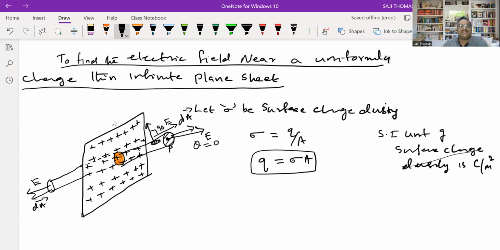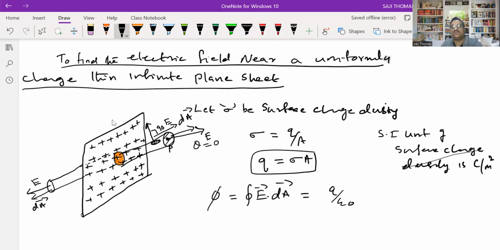Now I can apply Gauss's theorem. What is the statement of Gauss's law? Closed integral of E dot dA equals q by epsilon 0. Here I am taking area as dA, not dS. Closed integral means you have to consider the full surface area of the cylinder.